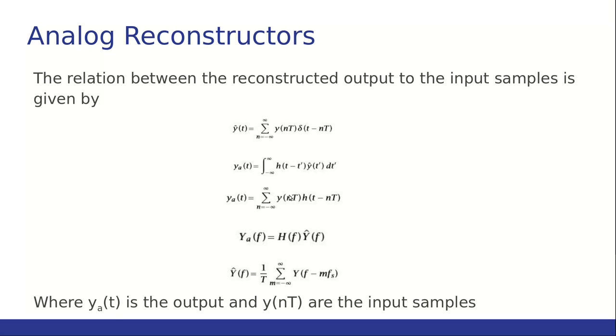Passing through an analog reconstructor, it's being convolved here, and the output y of t can be represented in this form, which translates into the frequency domain like this, because convolving in the time domain is equal to multiplication in the frequency domain. So we obtain the relationship between the reconstructed output and the input samples in this form.